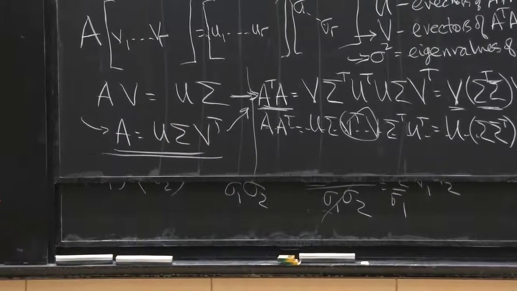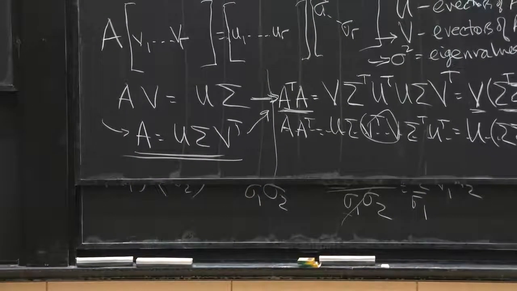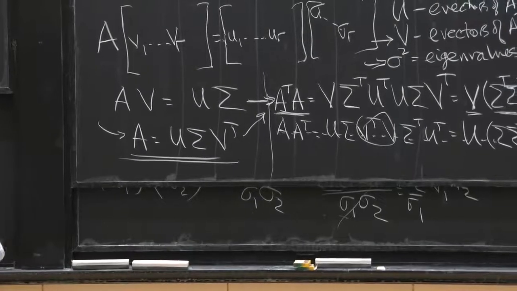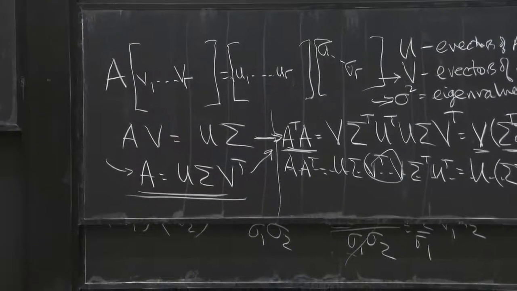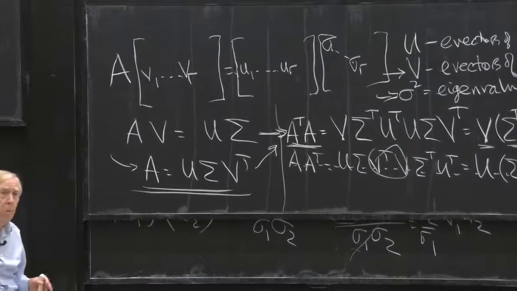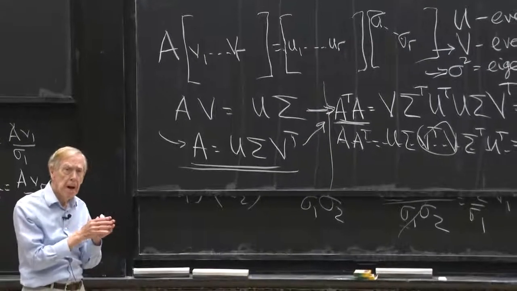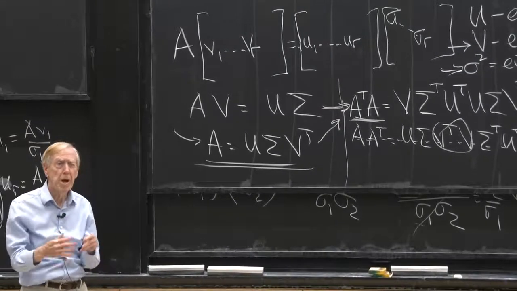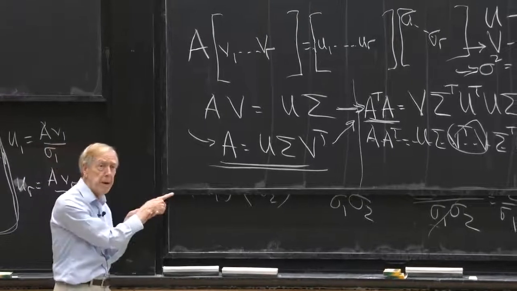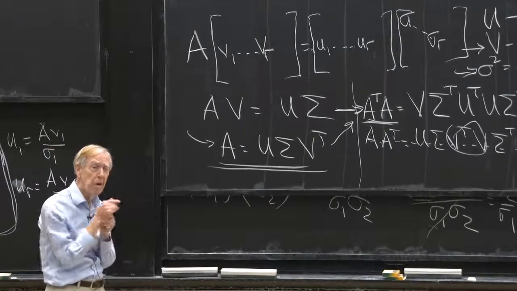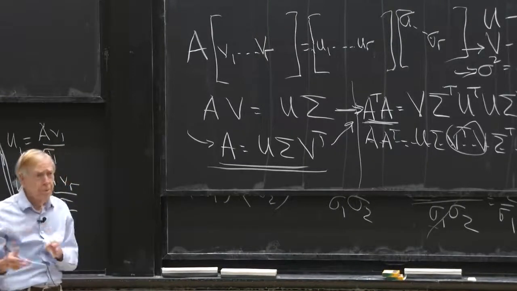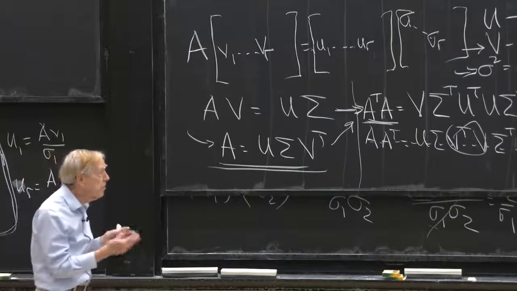Why is it like a big mistake if you have a matrix A, say 5,000 by 10,000? Why is it a mistake to actually use A transpose A in the computation? We used it heavily in the proof. And we could find another proof that wouldn't use it so much.